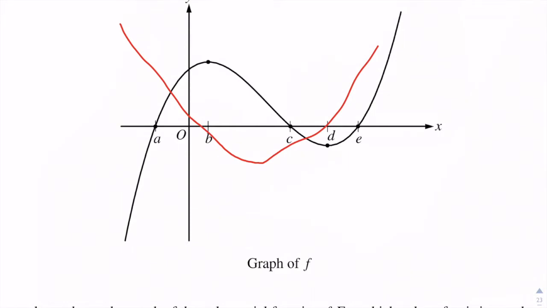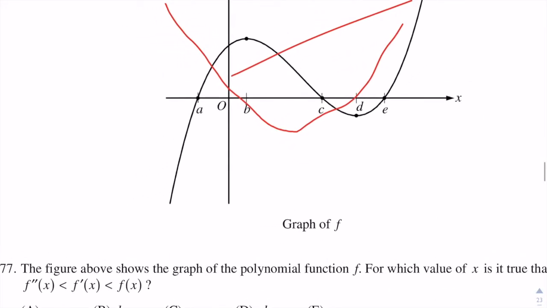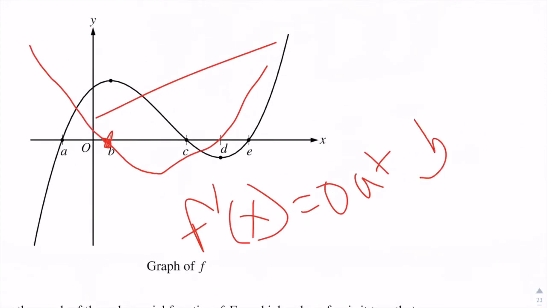So it's going to be something along the lines of literally just a positive line. So we know first off that, oh, this should be at 0 by the way. So f prime of x is 0 at B and D.